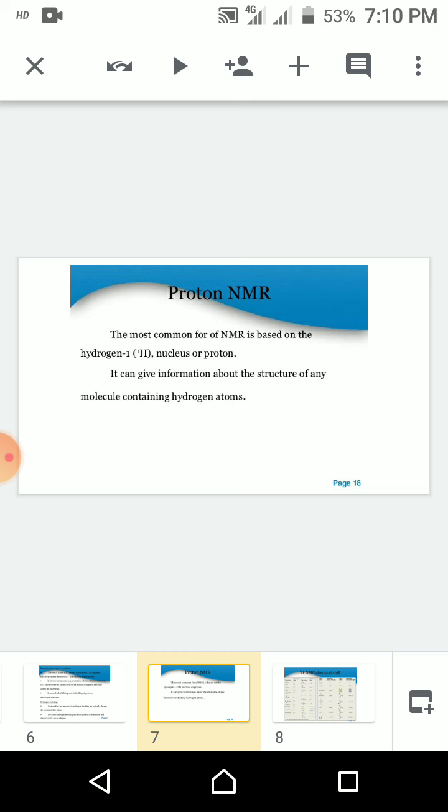A proton is a hydrogen nucleus, because it has one positive charge, atomic mass 1 and atomic number 1. It can give information about the structure of any molecule containing hydrogen atoms.